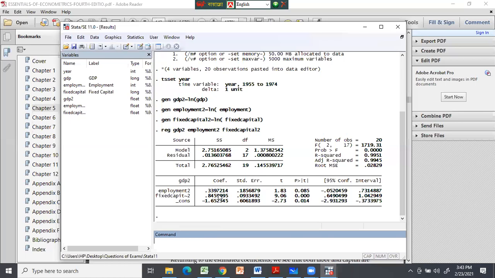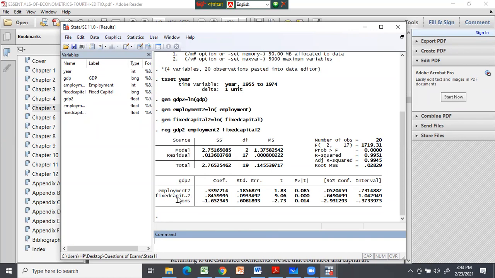Okay, and here the explanation is the same as we have already explained in the earlier case. Your explanation should be in percentage form. So how do you explain? If employment, or I can say the labor input, is increased by 1%, then the output, followed by GDP, will be increased by 0.3397%.